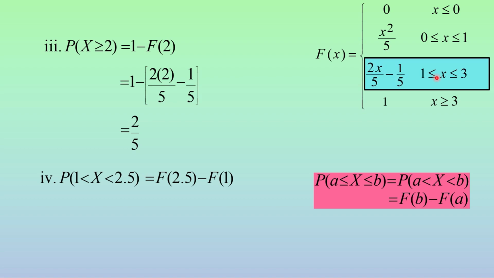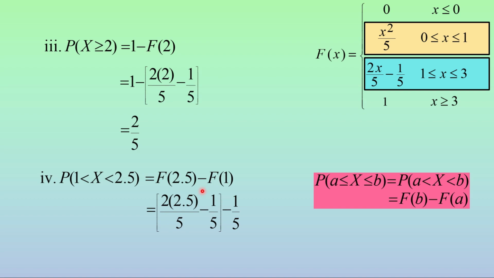We can see that 2.5 is in the interval from 1 to 3 with the function 2x over 5 minus 1 over 5. And F(1) is in the interval of 0 to 1, or you can use F(1) in the interval 1 to 3 also.